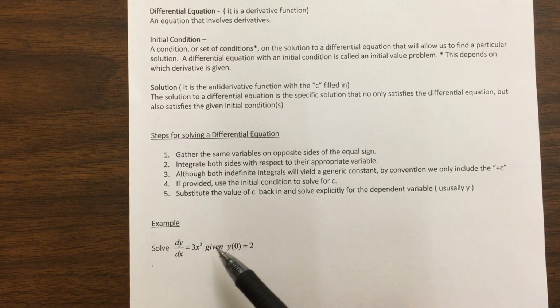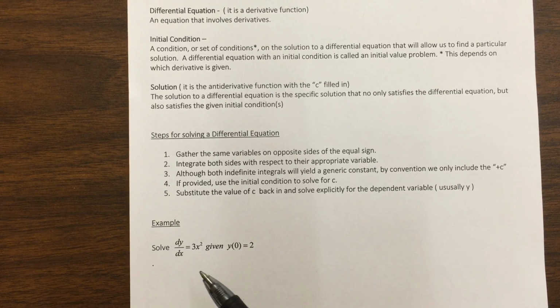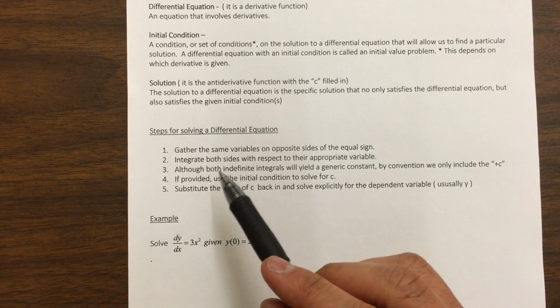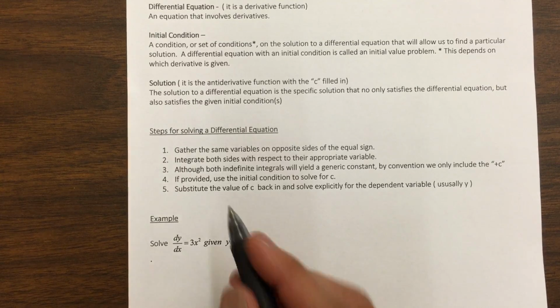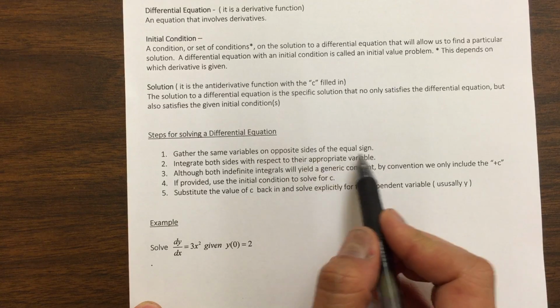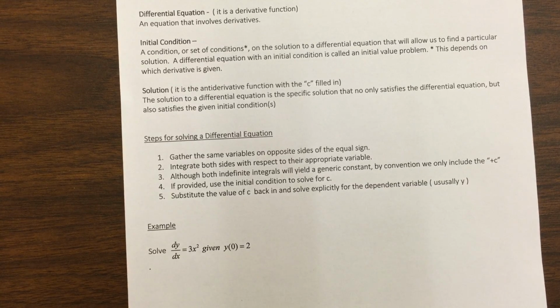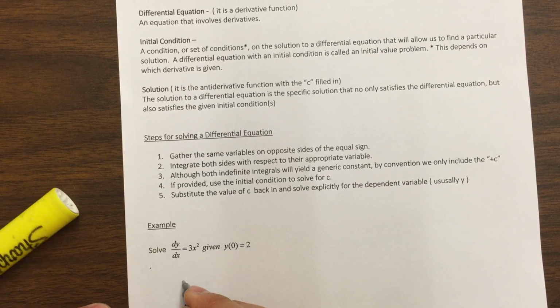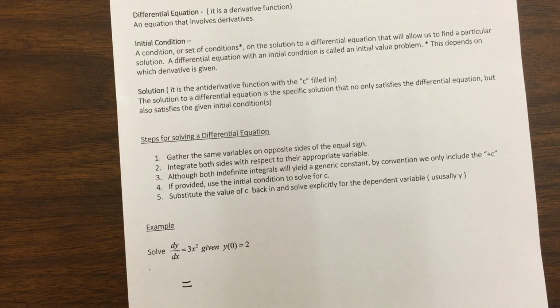Well, I will be putting anything that involves an x on the right side of the equation, anything that involves a y on the left side of the equation. So let's go through the first step. Gather the same variables on opposite sides of the equal sign. All right. So here's the first thing that I'm going to do.